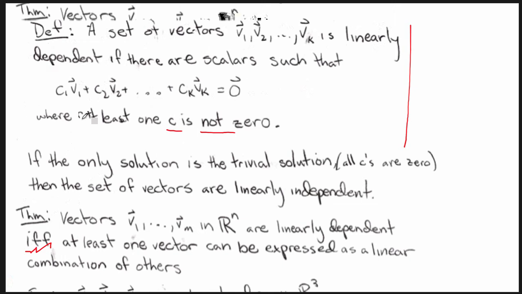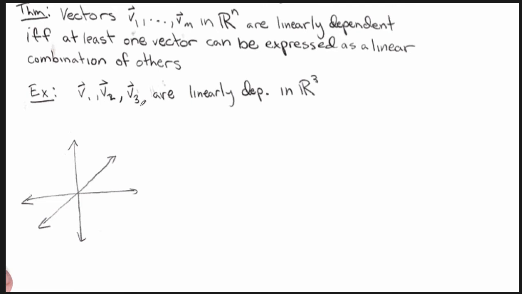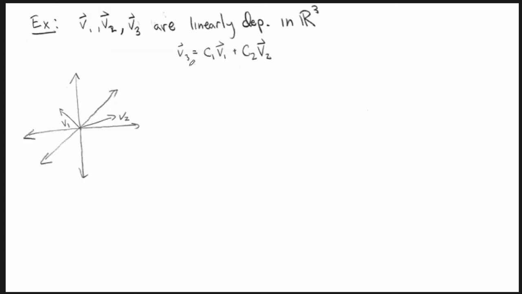All right, so suppose that we have three vectors, v1, v2, and v3, and I'm going to assert they're linearly dependent in R3. So we've got some little space here in R3. And so let's say that v3 is equal to c1 v1 plus c2 v2. Let's see how we construct that. This isn't a formal proof, it's just an illustration to help build some intuition. But v1 goes in this direction, v2 goes in that direction.